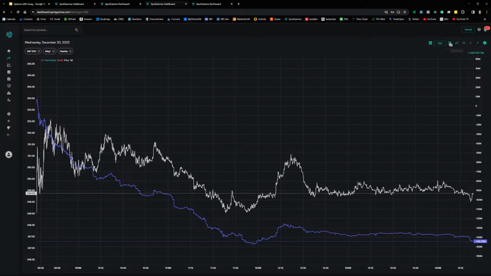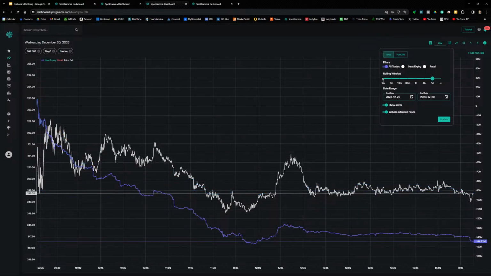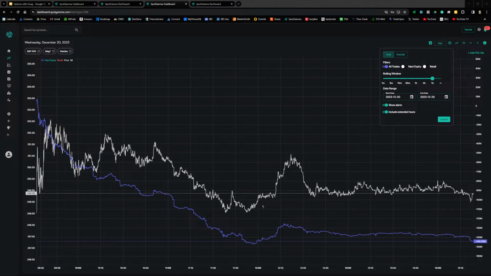Let's see what they're doing. So from the open, they were selling calls and buying puts, and that activity leveled off right around 12. And now it looks like FedEx is consolidating right around the 250 level.